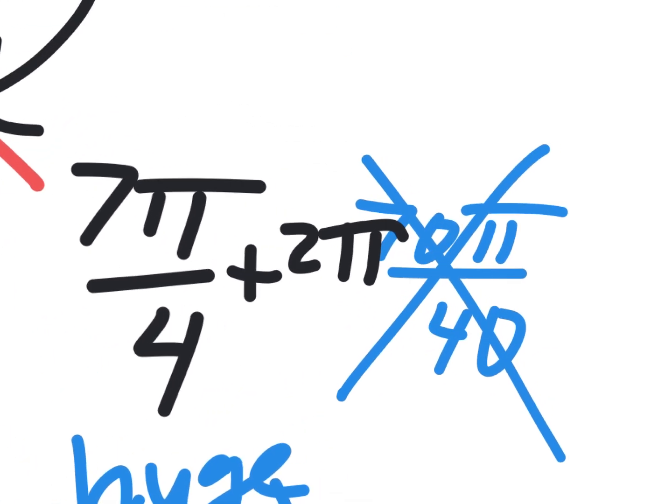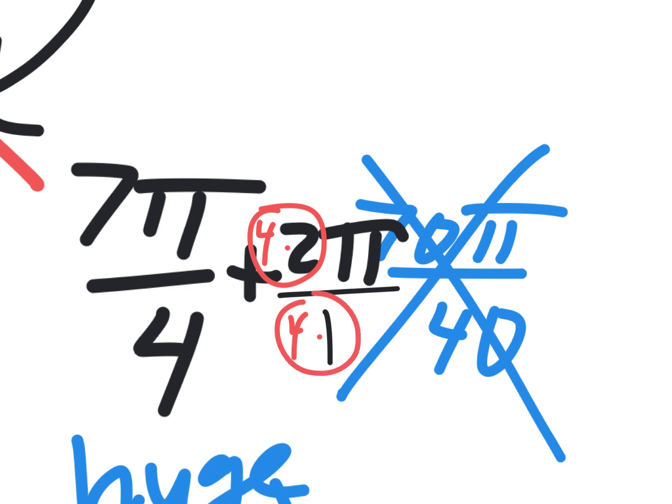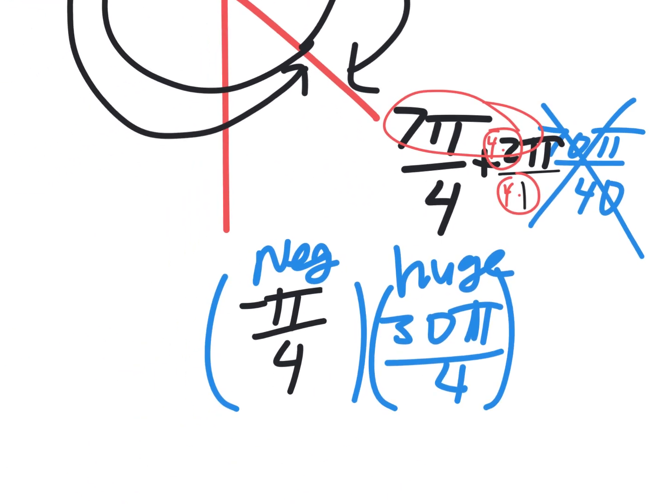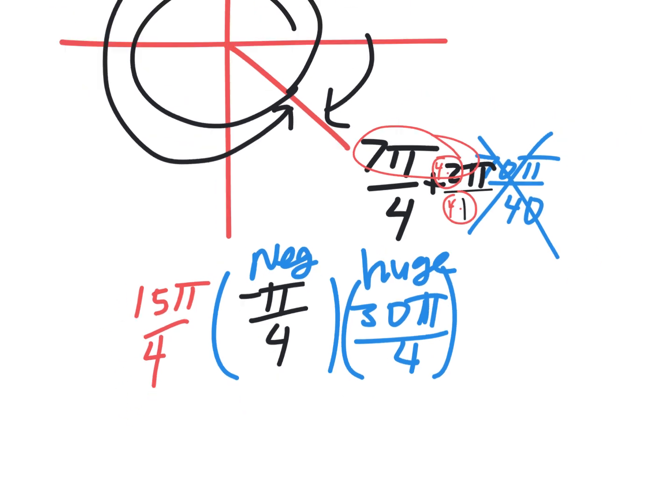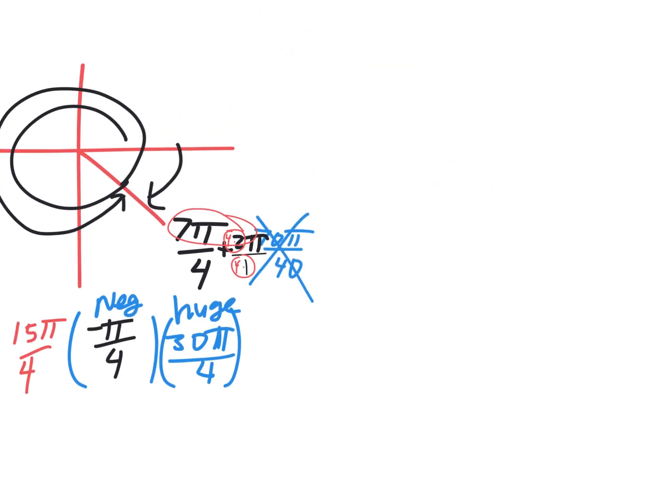So what is 7 pi over 4 plus 2 pi over 1? I'm timesing by 4 and 4 to get a common denominator. Now I've got 8 pi over 4, which is the same as 2 pi, but it adds better. 8 and the 7 makes 15 pi over 4. Who had 15 pi over 4? Good. All right, that's called coterminal angles.